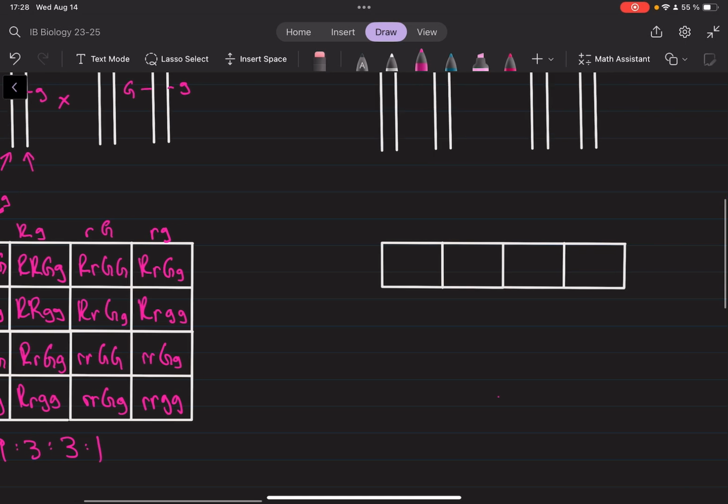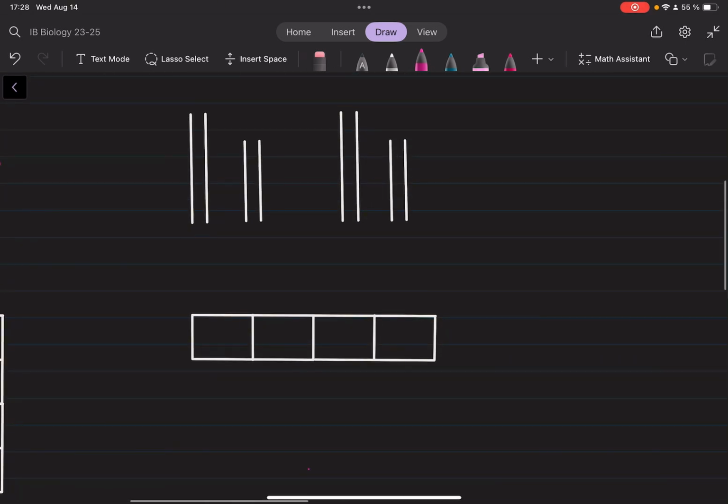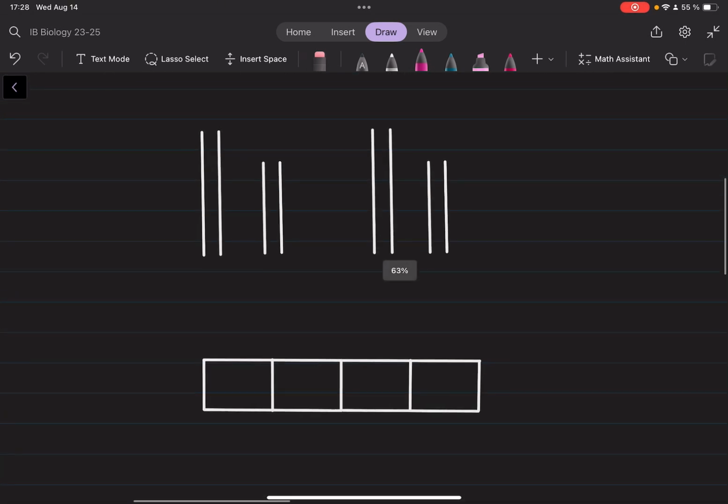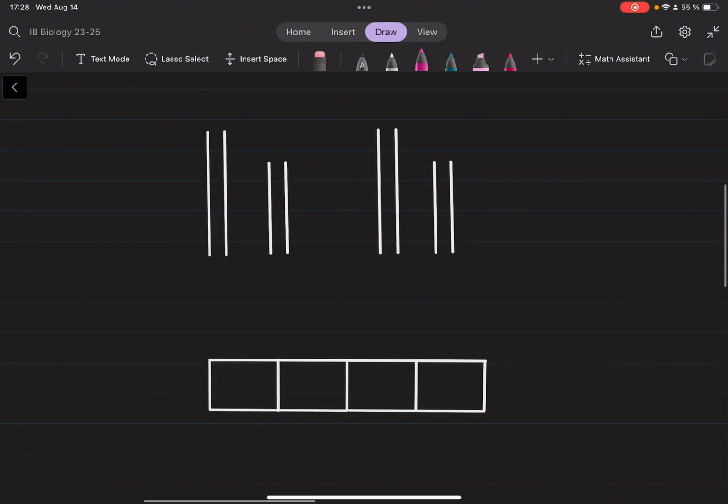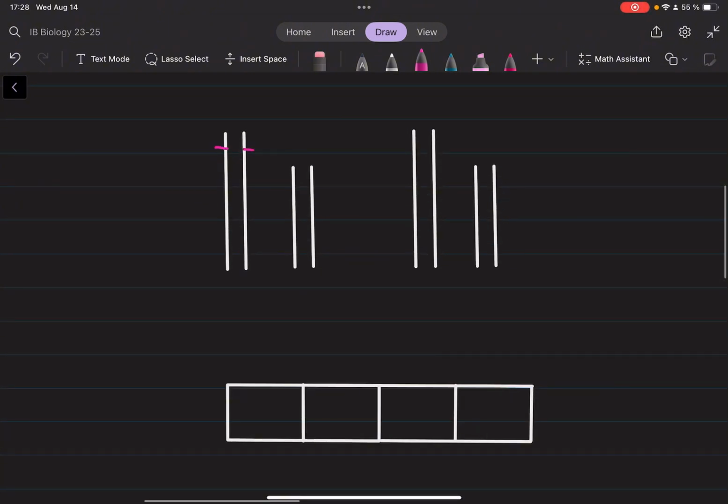And there is another ratio that you can also figure out based on the parents' genotypes. So let's take the same example, and let's say you have one heterozygous parent, but then you have one recessive homozygous parent.